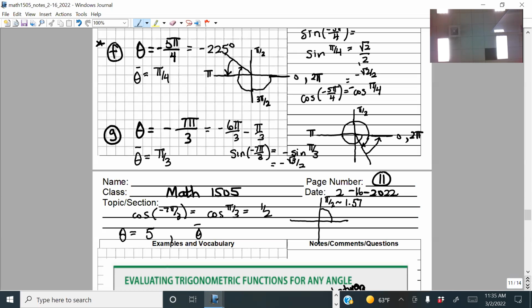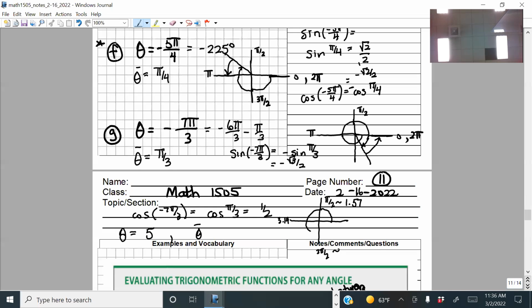So we're certainly past that, right? If we come up to here, that would be pi. Well, you know approximately what pi is, right? Yeah, that's 3.14. So we're going to go a little bit past the 3.14, right? Okay, but probably not all the way down to the y-axis, because that is 3 pi over 2. And how much is 3 pi over 2 approximately?